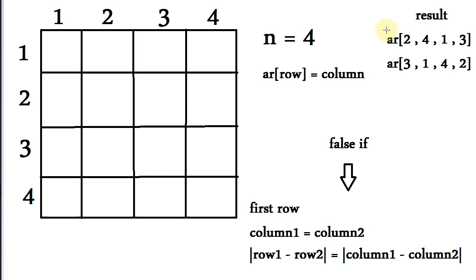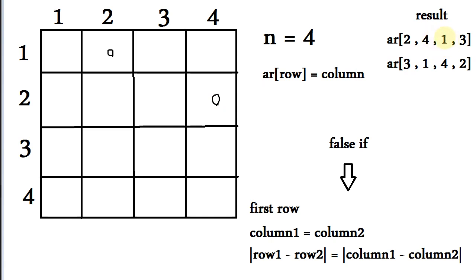So here, which will be the result of our algorithm, we figured that in the first index of our array, on the second column, we put a queen, and on the second index, it means the second row, on the fourth column, we put another queen.